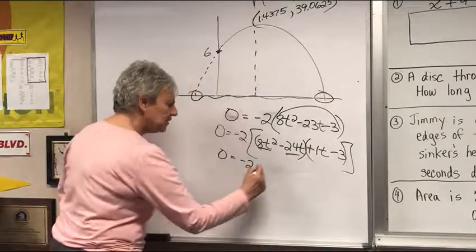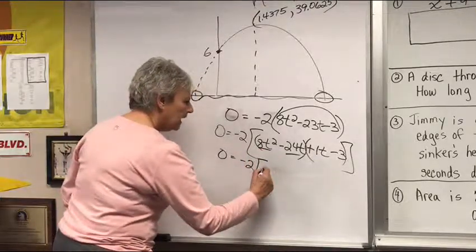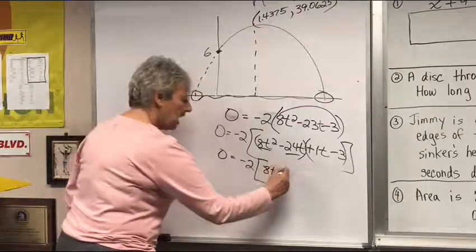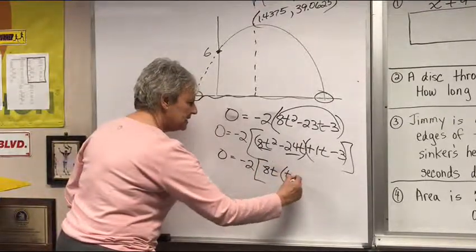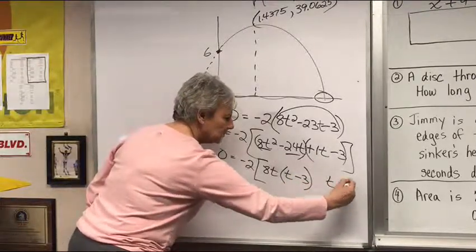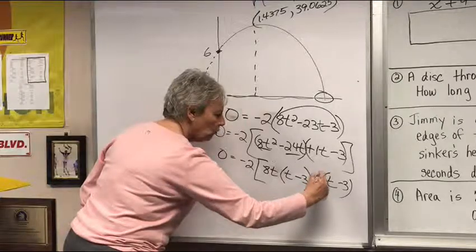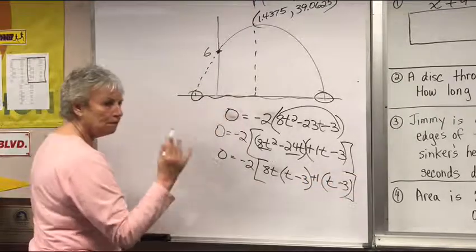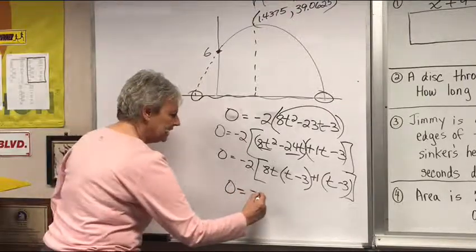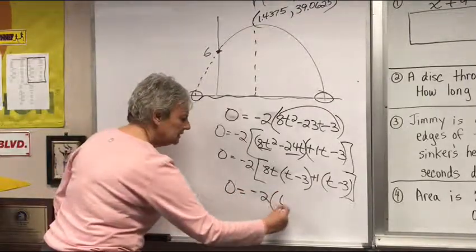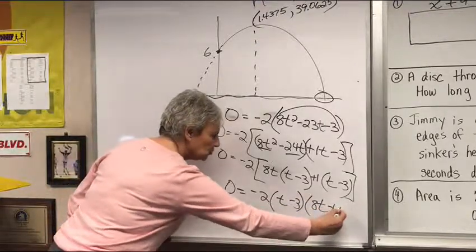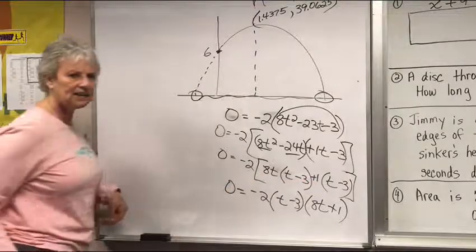Greatest common factor, t. 8t times t minus 3, plus 1 times t minus 3. Final factored answer is 0 equals negative 2, t minus 3, 8t plus 1.